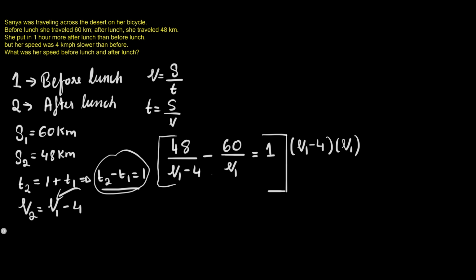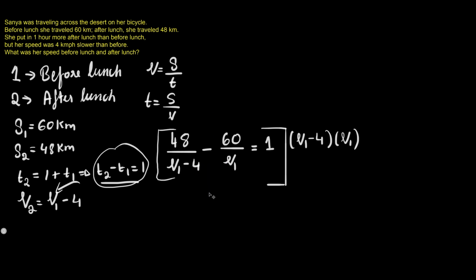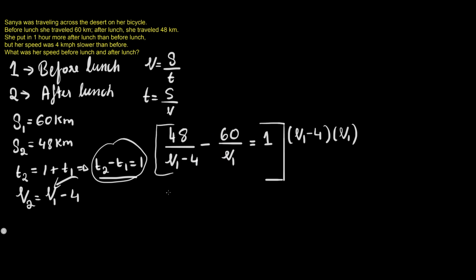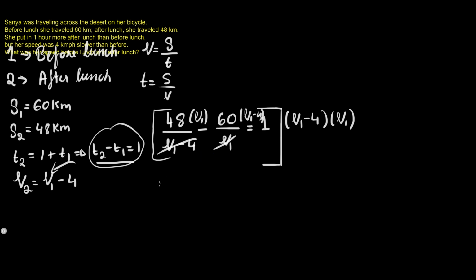I'm not going to write it down because it will take time. I'll cancel V1 minus 4 and V1, and here it will be V1, here it will be V1 minus 4. If you're not convinced, please write it down.